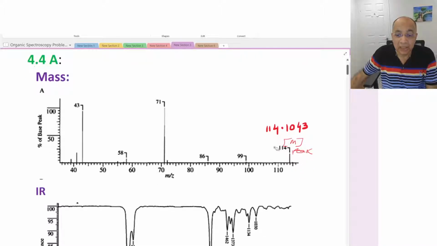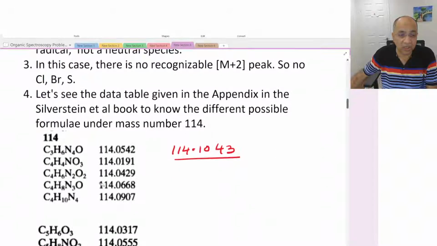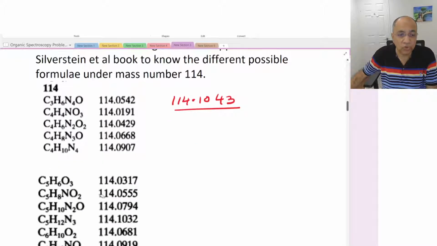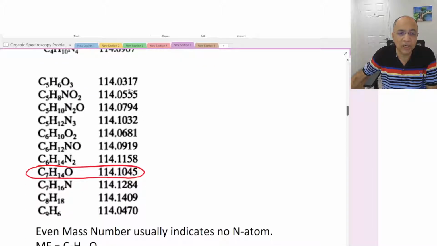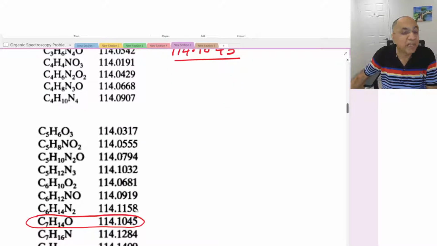Now, let us take into account the mass spectral data, and this I have borrowed from the great Silverstein book, the appendix. In the mass number 114, there are so many formulas having mass number 114, but the exact molecular mass taking the most abundant isotopes into account will be precisely unique.